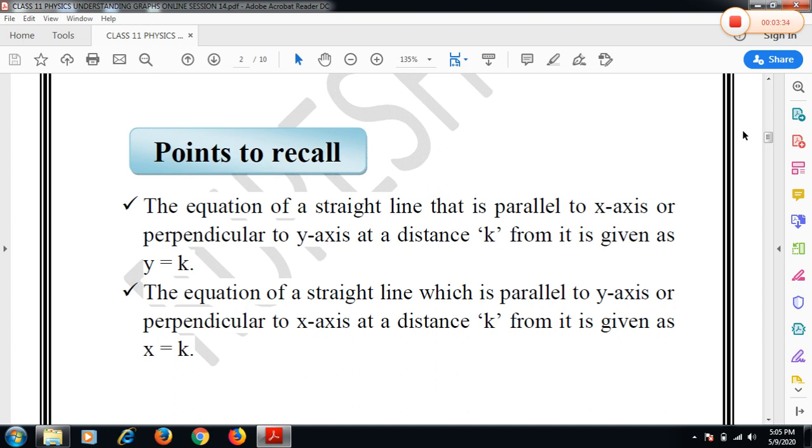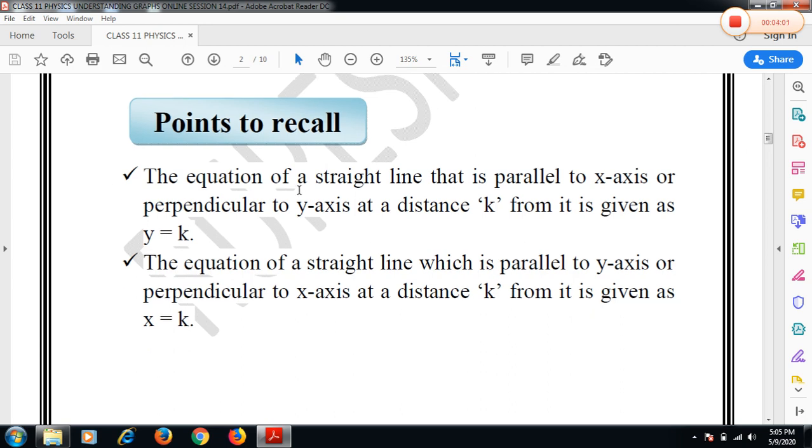Number one, the equation of a straight line that is parallel to the x-axis or perpendicular to the y-axis at a distance k from it is given by y equals k. And number two, the equation of a straight line which is parallel to the y-axis or perpendicular to the x-axis at a distance k from it is given by x equals k.